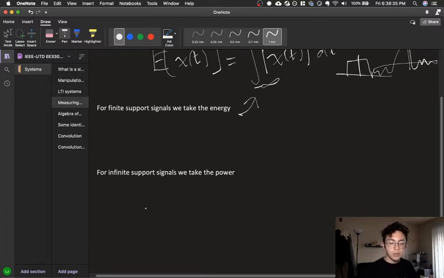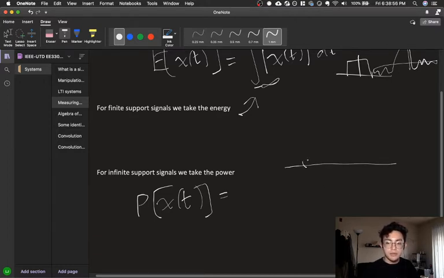If we want to take the power of some periodic function, then we're going to take the time average of this integral, as we let the window that we're taking the average over get bigger in a limit.